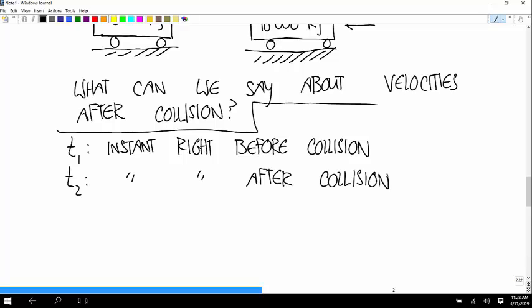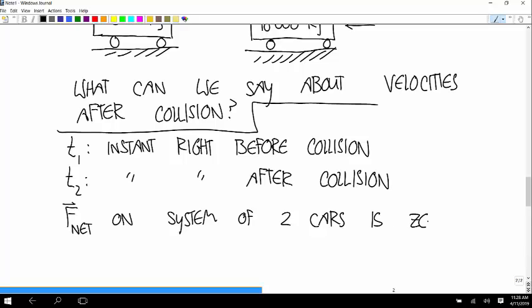F net on the system of two cars is 0. You know, anything that's moving with a constant velocity has a net force of 0 because the acceleration is 0.